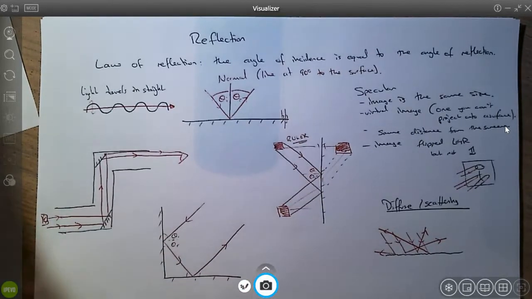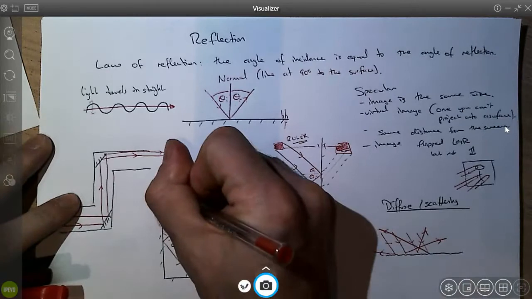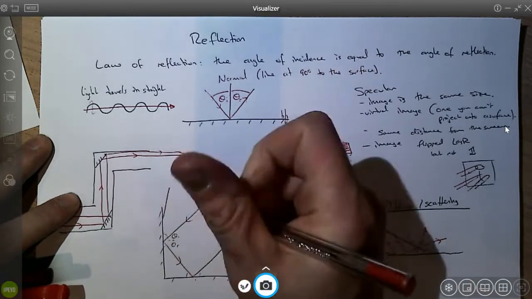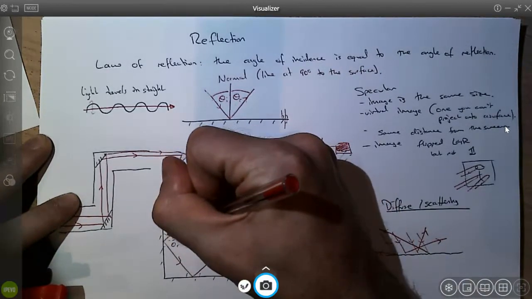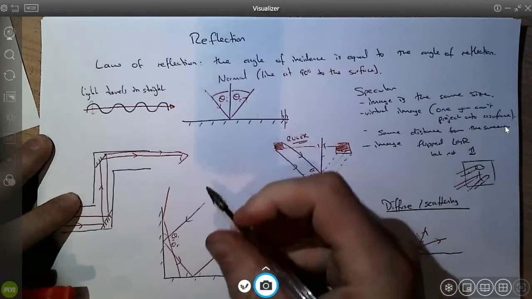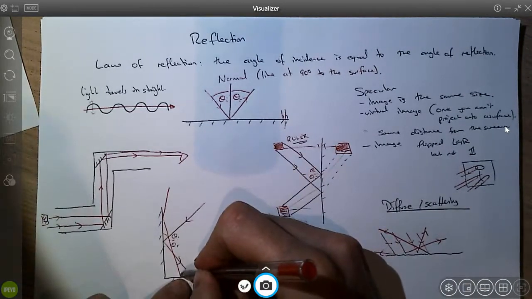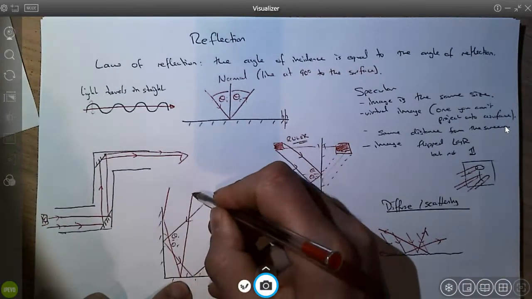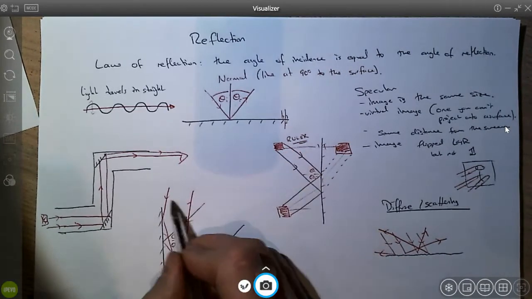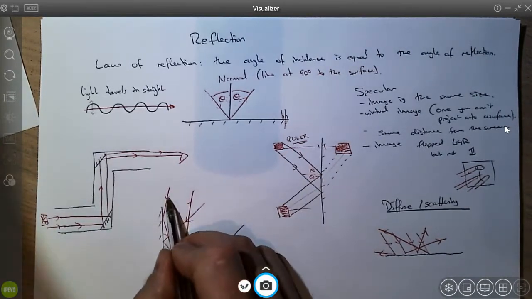This has a nice practical application, this shape as well, because if I draw a light ray coming in at a much steeper angle and then draw it relatively carefully, what you'll find is actually the light rays will always emerge parallel to the one that comes in.